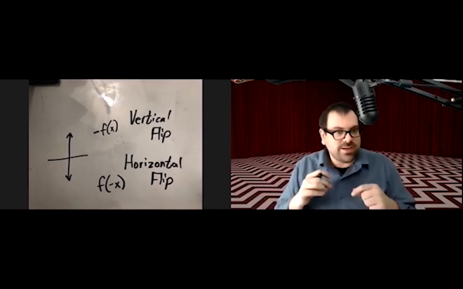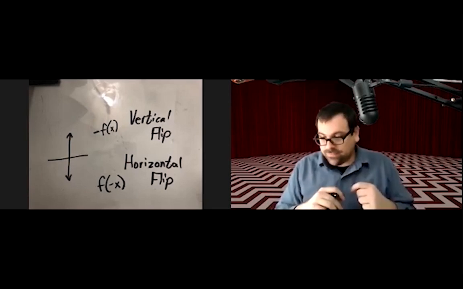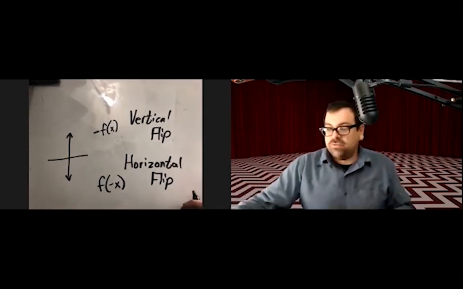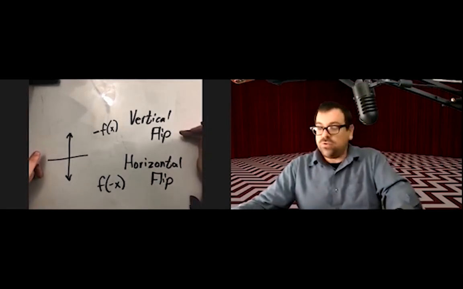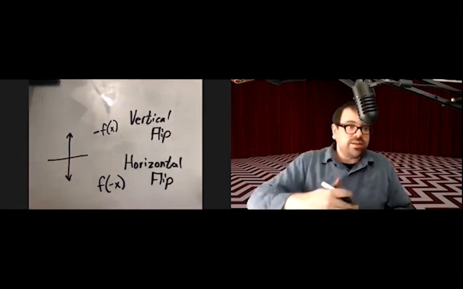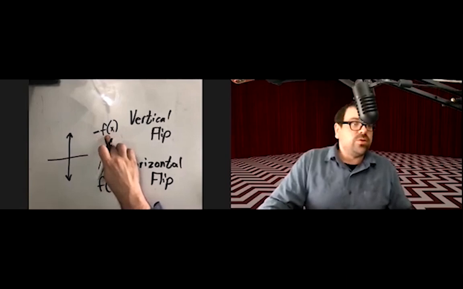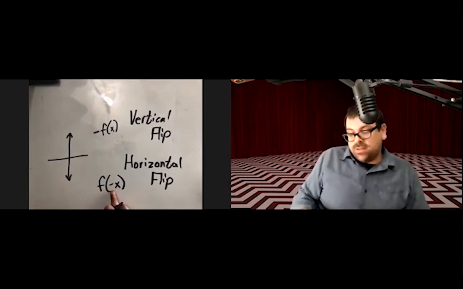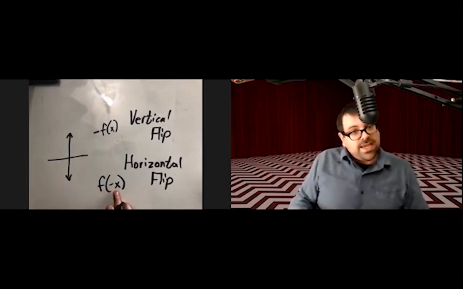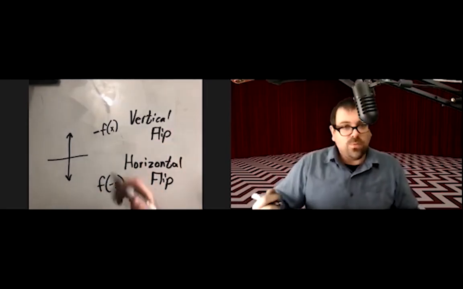Horizontal things are left, right, adding, subtracting, multiplying by just the x. Same here. Vertical flip, where the x-axis is the point of revolution. Since it's flipping everything vertically, that's up, down. That is the opposite of the whole function, a negative with the whole function. Horizontal, left, right. That's taking the opposite of just the x itself. Horizontal is x stuff, vertical, y stuff.